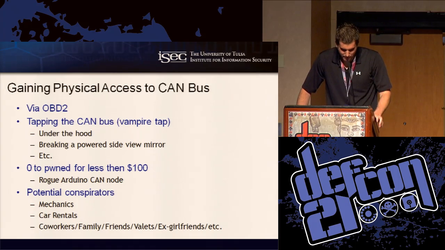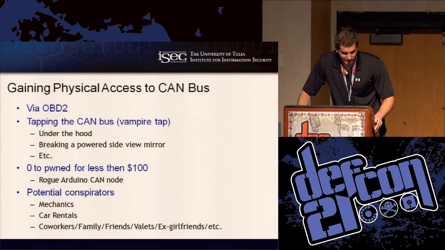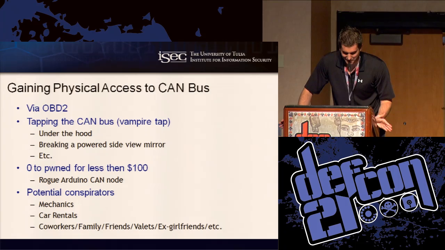So, one might think, okay, if you have physical access to the car anyways, oh well. But there's a bunch of possible scenarios in which potential conspirators like service technicians and mechanics, car rental companies, coworkers, family, friends, ex-girlfriends could potentially have momentary access to your CAN bus or car, and they could attach a rogue ECU, like the one I built here, for less than $100.